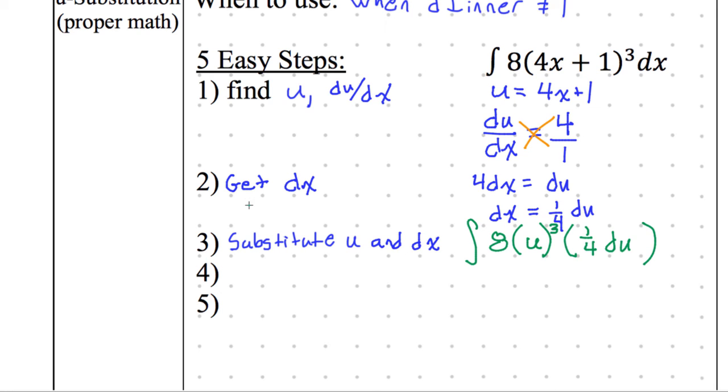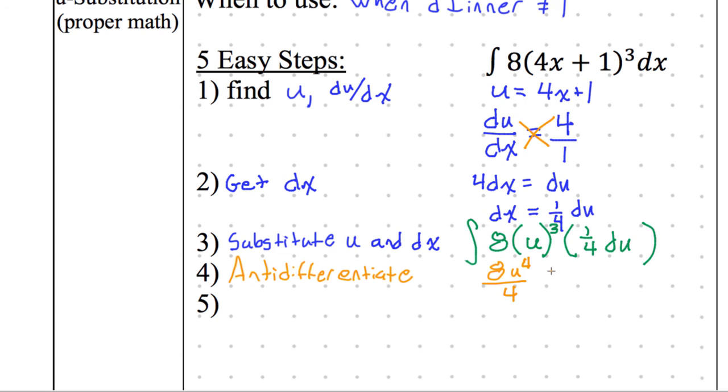Let's go ahead and anti-differentiate. Take the antiderivative. We'll switch to orange here. I can take the antiderivative of 8u to the power of 3 because that's going to turn into 8u to the power of 4 divided by 4.